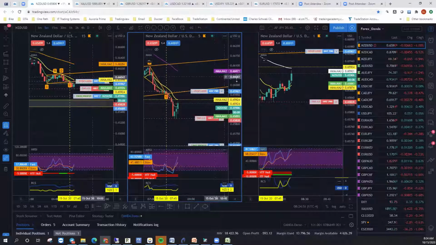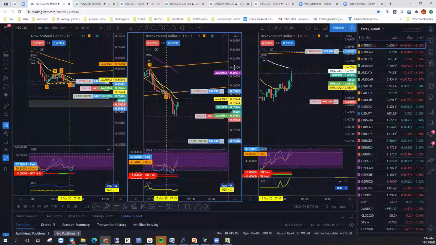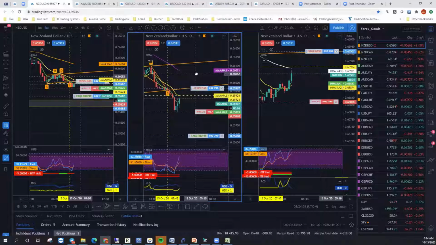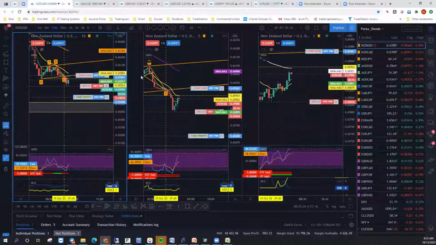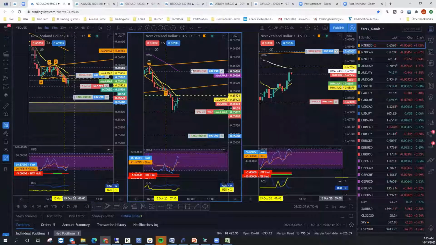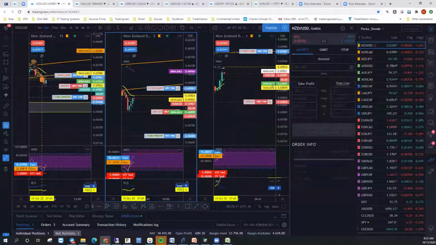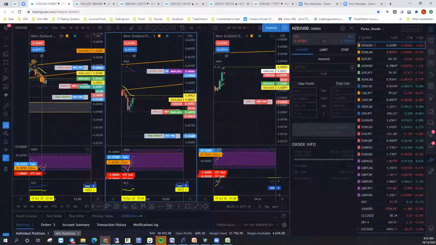So basically, the results have been pretty astonishing, especially the level of drawdown that I'm experiencing. It's laughable: 2-3% drawdown max for the month.